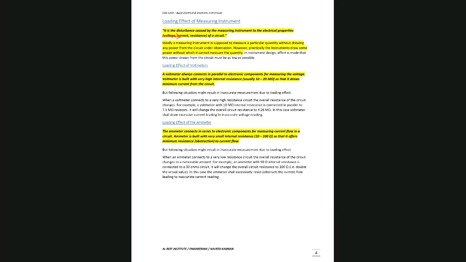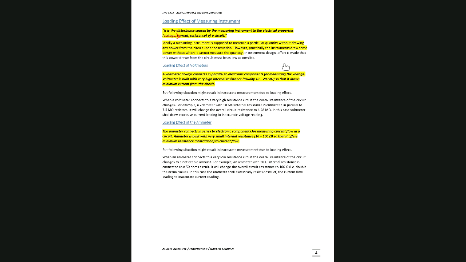So loading effect, in order to understand it, I will first read out the definition. It is the disturbance caused by the measuring instrument to the electrical properties of a circuit. Whenever you connect a test instrument to a circuit, it gives you some kind of reading. How does it give you a reading? It gives you a reading by using some power of the circuit.